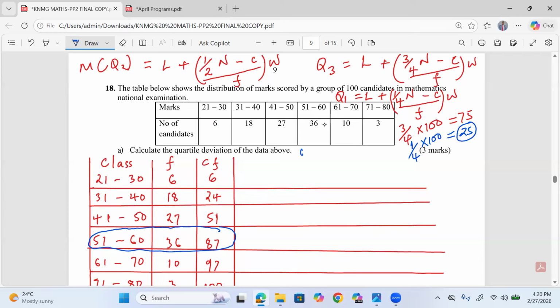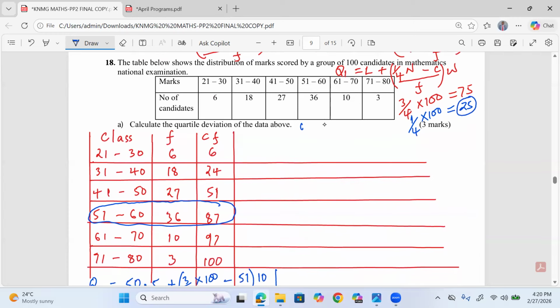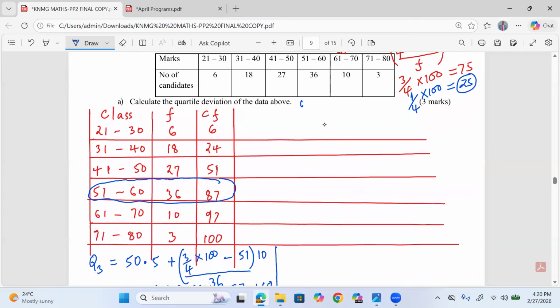To get the 25th, we have to check the first one according to the cumulative frequencies. We only have 6. In the second, we have 24. So the 25th is contained in this class, and this becomes our Q1 class.